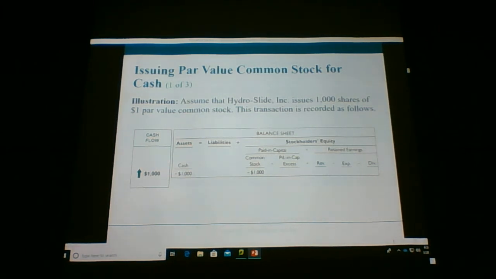This is how your textbook, regardless of what textbook we're using, is going to introduce the idea of owner's equity at the very beginning. Assets go up by $1,000. Common stock goes up by $1,000. We do not, in this particular example, address this concept of paid-in capital in excess of par.